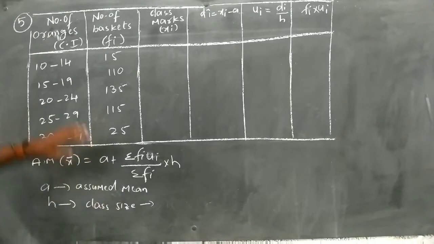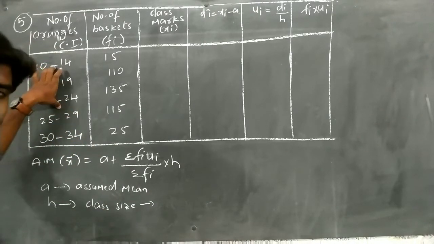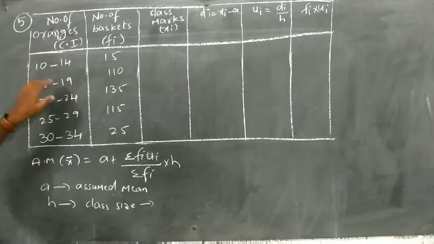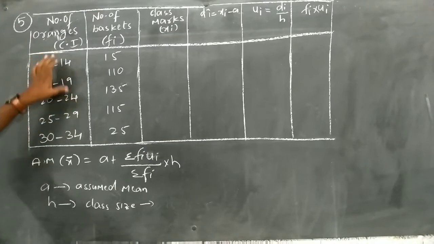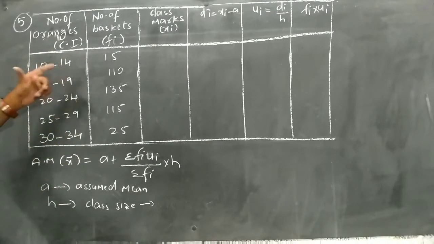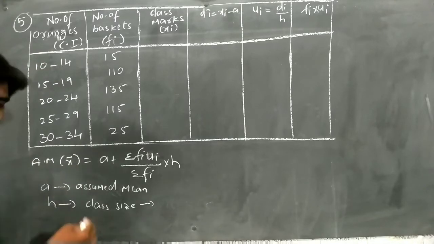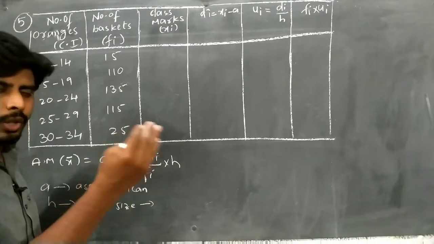Class size: here the class intervals involved are inclusive classes. Look here, 10 to 14, then 15 to 19. Okay, these are called inclusive classes. So since they are inclusive classes, I am taking the difference between consecutive lower limits or consecutive upper limits.